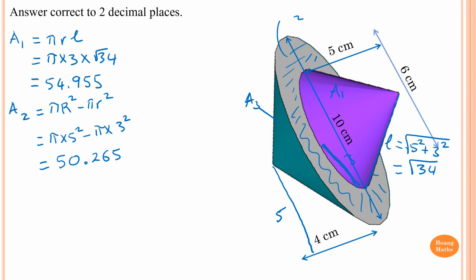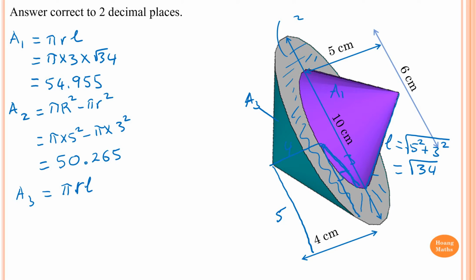Now A3 is a curve, so A3 is equal to pi r l. We know that the radius is 5 and the perpendicular height is 4, so I just draw it out from here all the way here like this. So this is 4, this is 5.